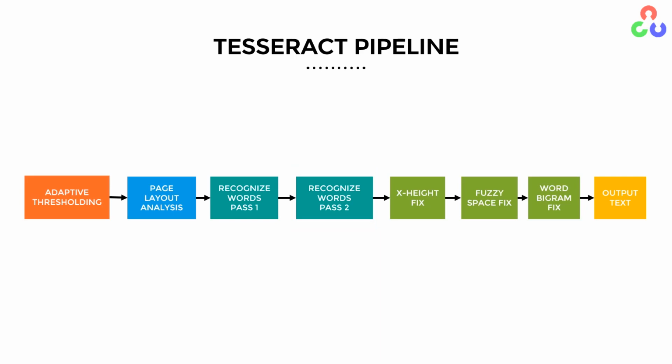Not only that, there are fixes that you can make once you have recognized words. For example, whatever height you had estimated for the character, you can go and fix that. You can fix the space between characters. You can also do bigram analysis to fix some errors. So what is bigram analysis? For example, you have recognized two characters side by side.